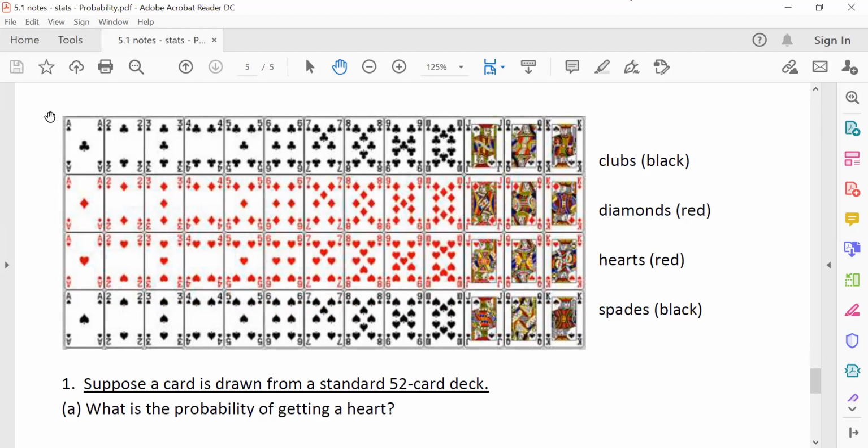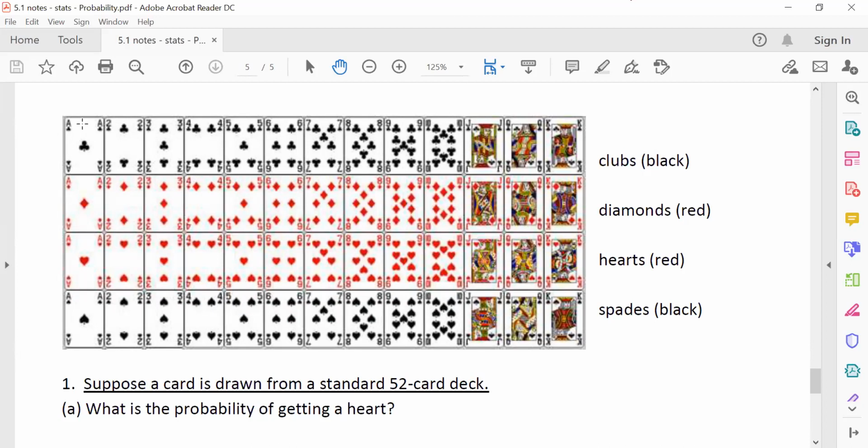The way a standard deck of cards works is that there's 4 different suits. There's spades, hearts, diamonds, and clubs. So you have your 4 different suits. Within each suit, you have 13 different what we call face values.